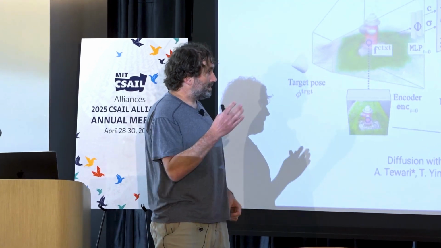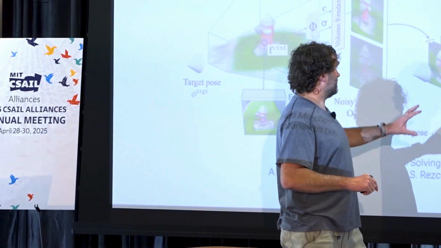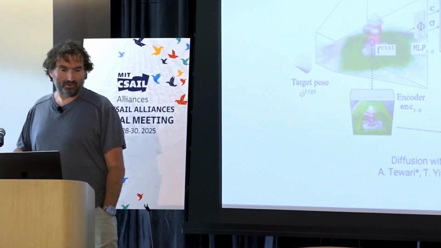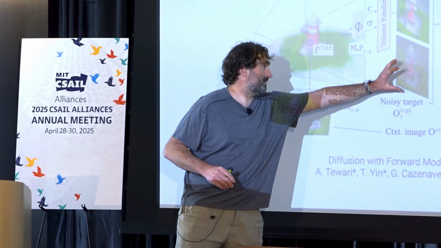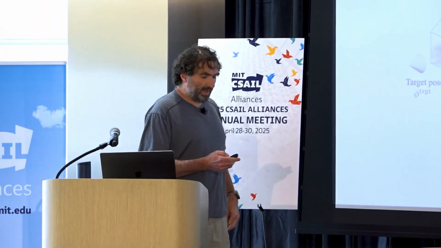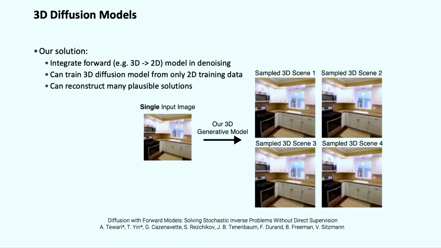And then you learn how to generate these 3D representations, even though all the training is at the level of 2D images, with this process of inverse diffusion. And you get multiple big gains from this. One of them is that now you can solve these inverse problems, but also you can deal with the uncertainty by providing not just one notion of the best output 3D reconstruction, but a distribution of 3D reconstructions.